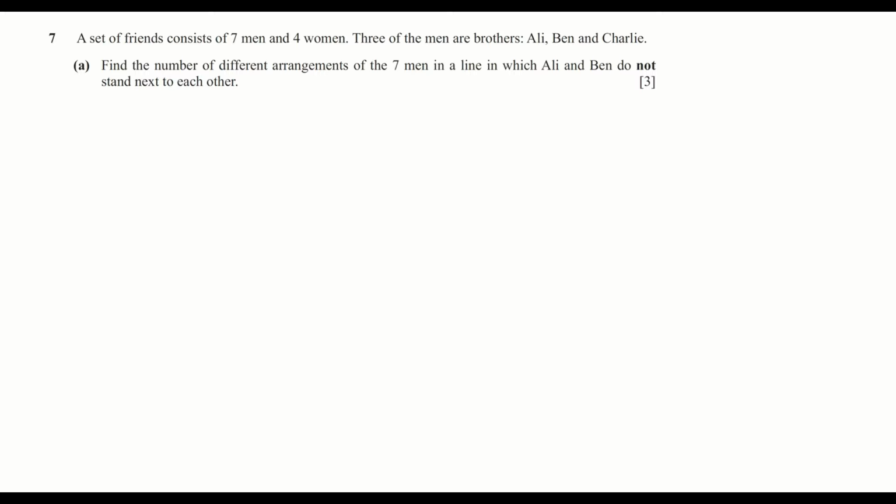This line consists of 7 men. So for arrangements without restriction, we simply say 7 factorial. I'm going to leave it like this for now. Now let's find the number of arrangements where Ali and Ben do stand next to each other. So I'm going to put Ali and Ben together in a bracket.